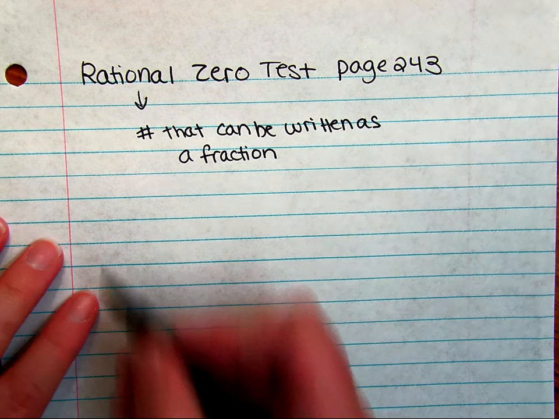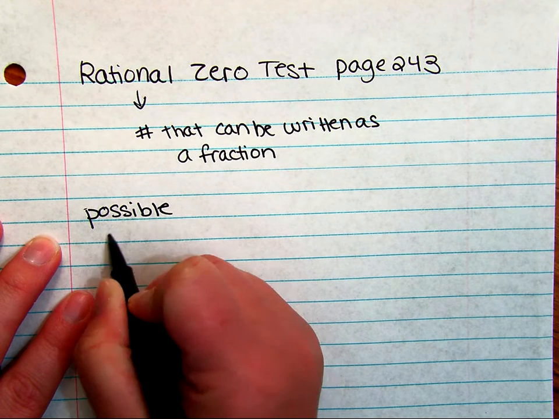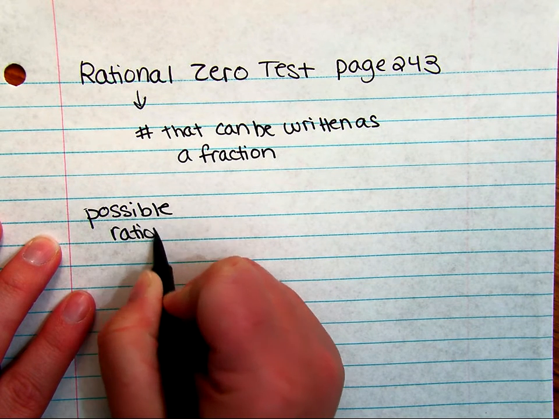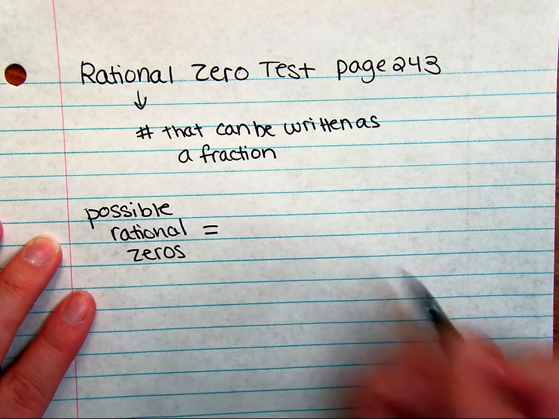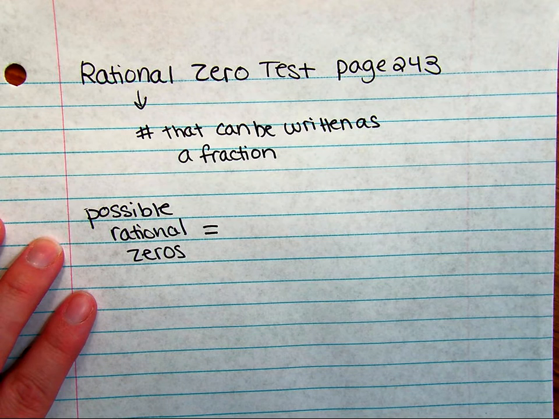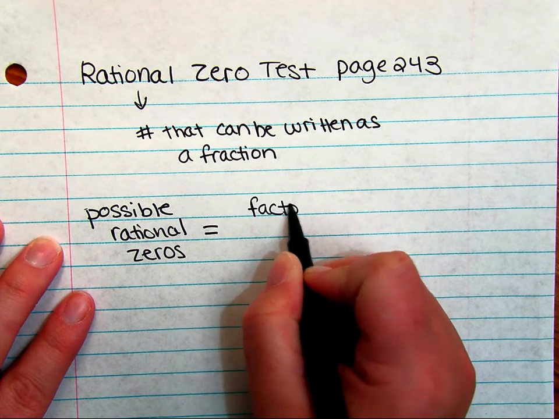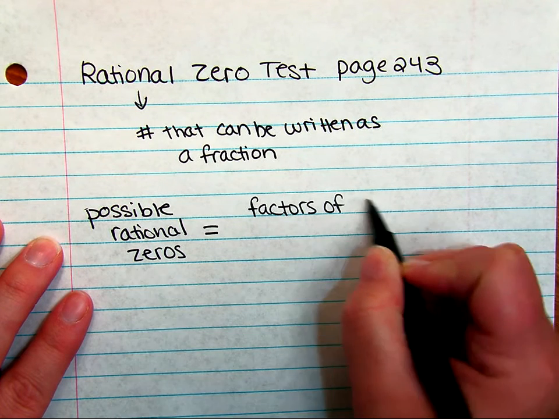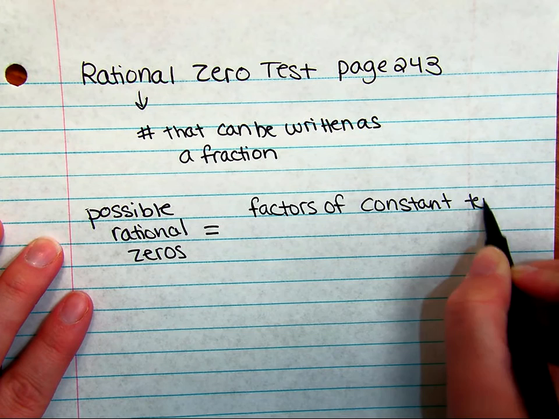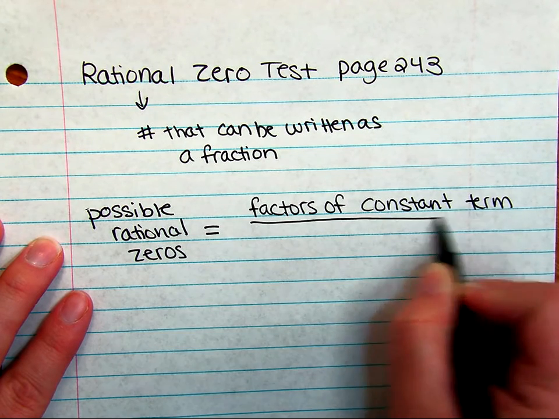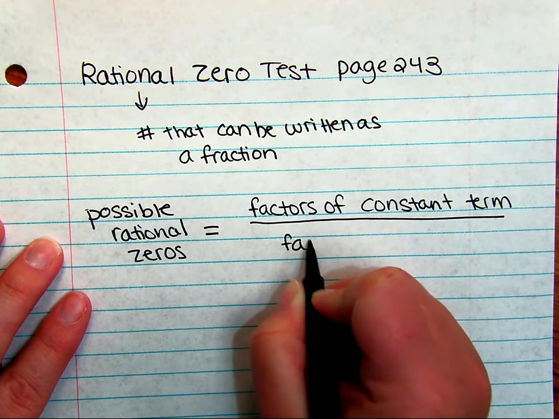However, this does eliminate, again, some possible things. So, possible rational zeros are equal to the factors of the constant term over the factors of your leading coefficient.